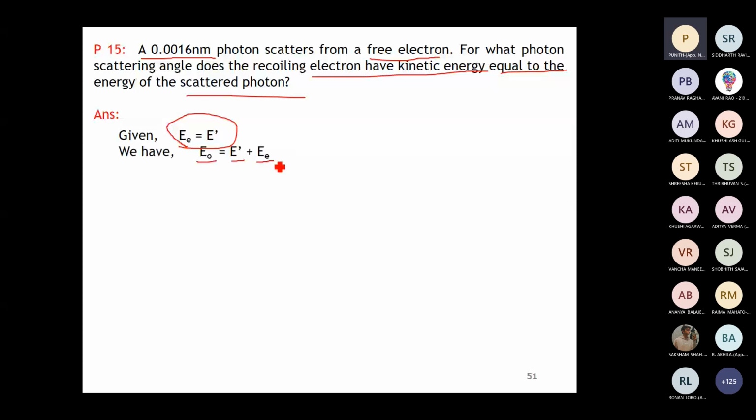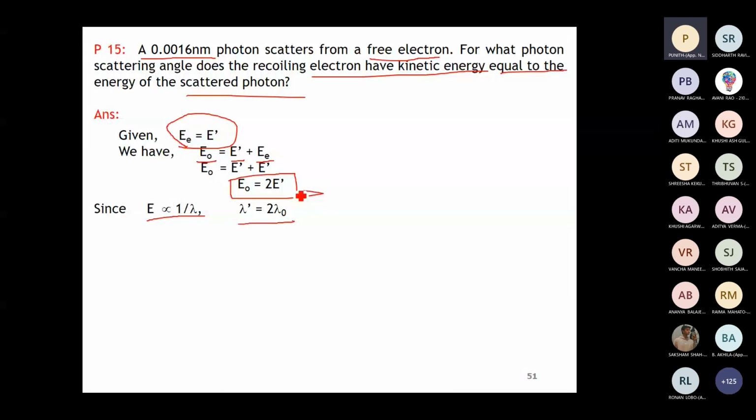So this equation gives E naught is equal to 2E dash. Since energy and wavelength are inversely proportional, lambda dash is twice lambda naught.